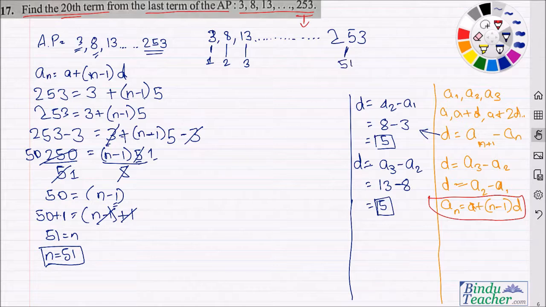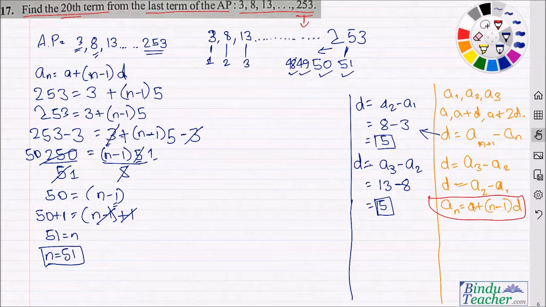Now we have to find the 20th term from the last term, which means we need to traverse in the reverse direction. So we go 50, 49, 48, 47, and so on, until we count 20 terms. This is the first term, second term, third term, fourth term, and so on.